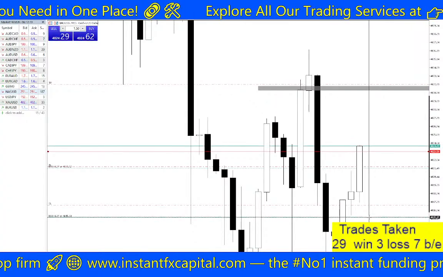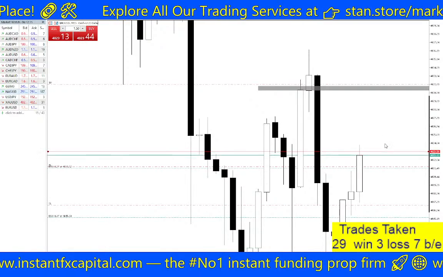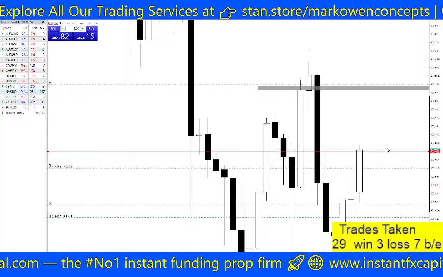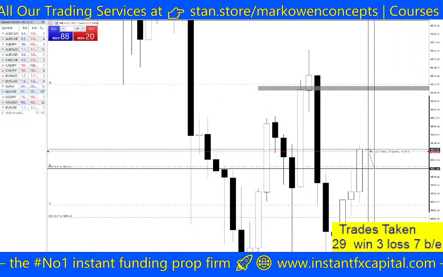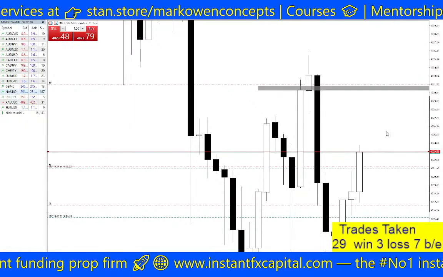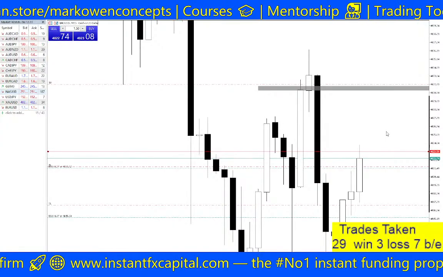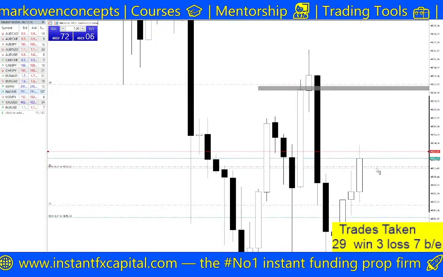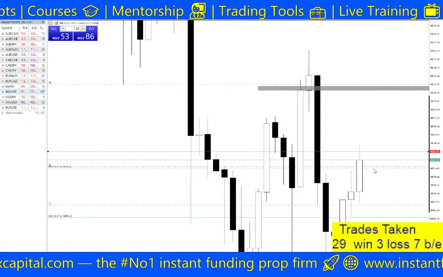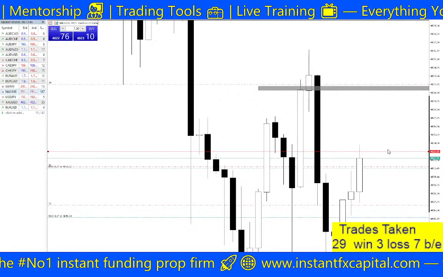So our original trade right now is up 86 pips. Our second trade is up 24 pips. Now the reason I scaled out of the add-in trade at 20 pips is because this one has already moved 112 pips from the lows.